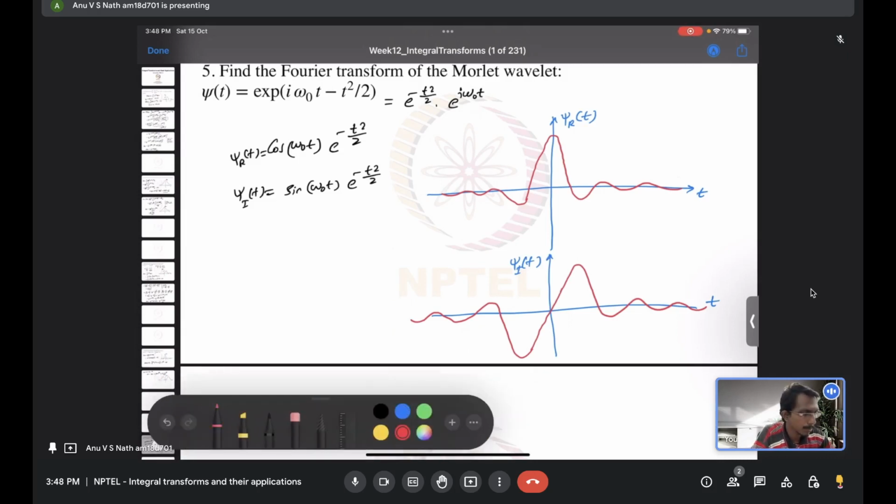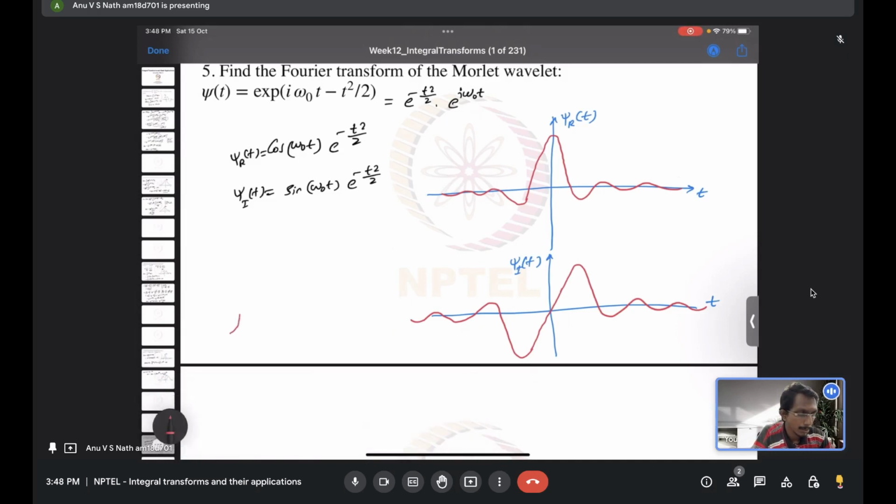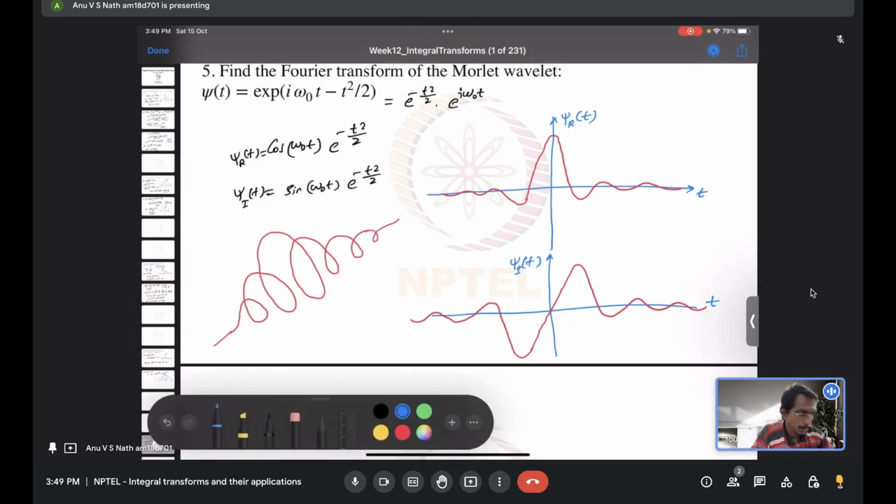I don't know how well it will come, but it should be something like this. Basically we're combining the sine and cosine, so in 3D space it should look like this.